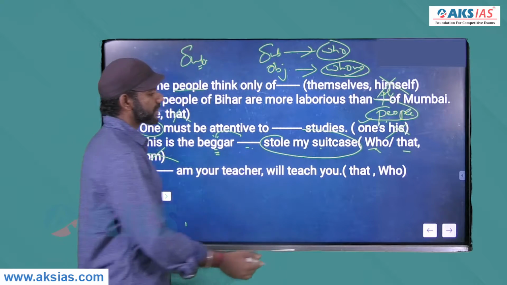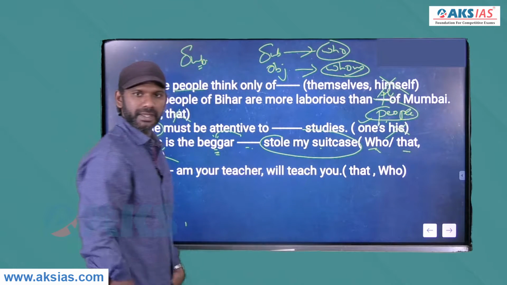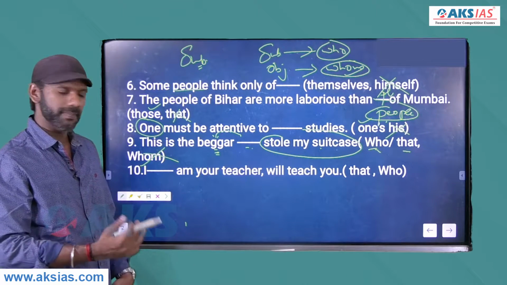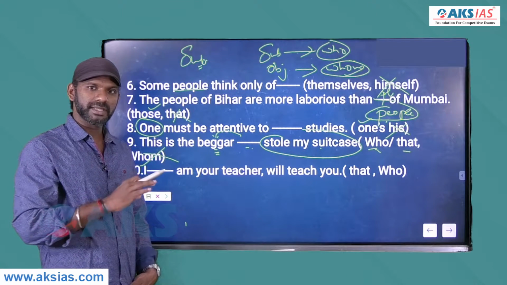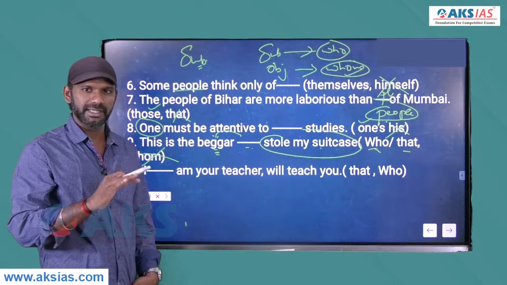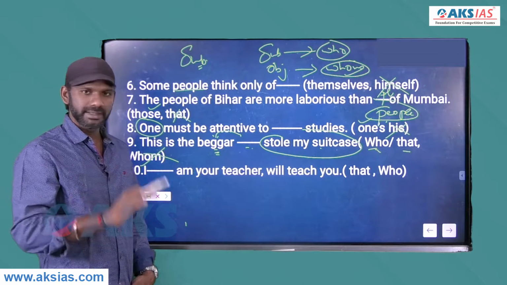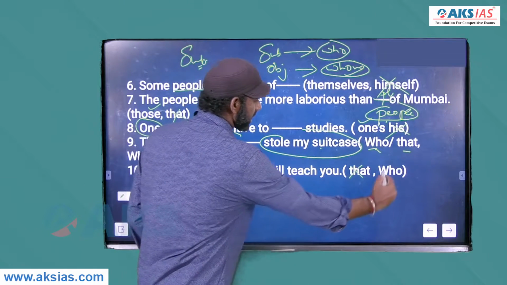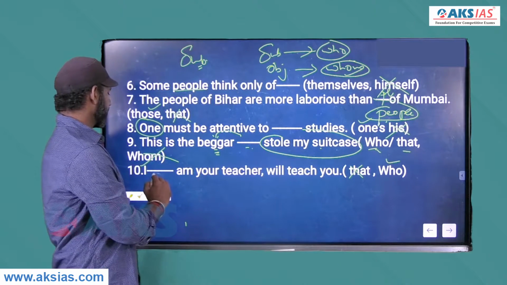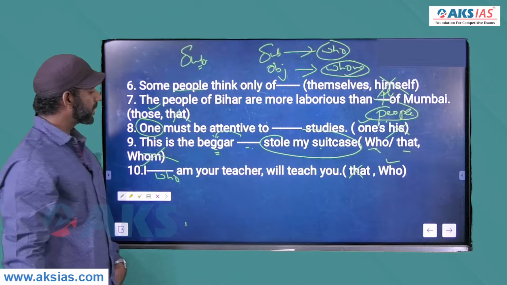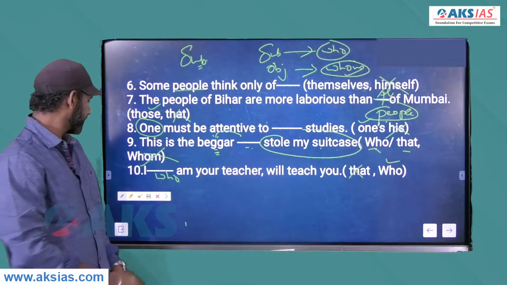Here the options are that and who. That is differentiated from who here. We are not talking about something that is very specific here, like the only, the same, or a superlative degree adjective is not here. So in this case, we can eliminate that and we can go for the answer, who. I, who am your teacher, will teach you.